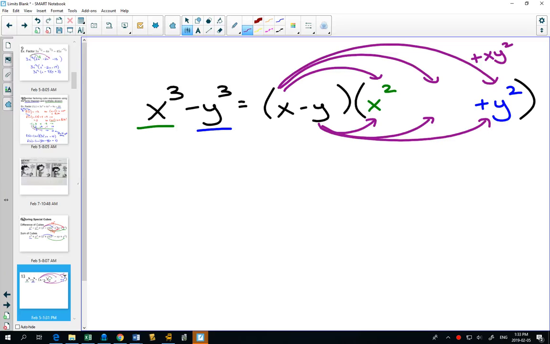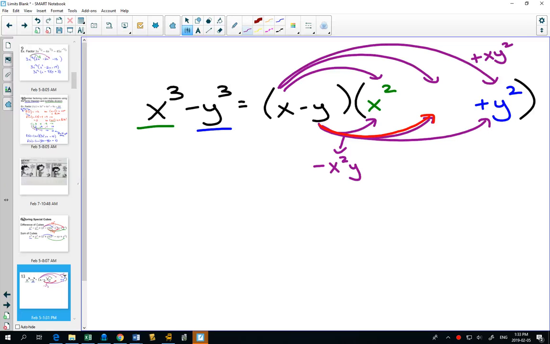So in order for that to go away, I can also make a note that this here gives me a negative x squared y. I need those to go away. So in this arrow in particular, I'm going to get negative y times something, and I need it to cancel out with one of those two.